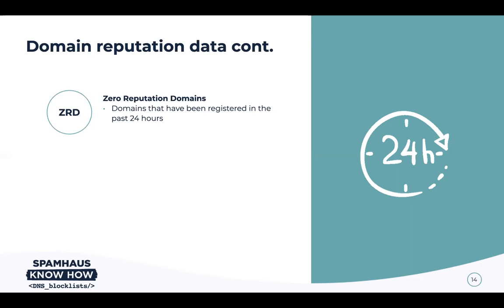So this data set, the newly observed domains, the zero reputation domains, the name says it all, they don't have a reputation because they're too new. It is a way for you to leverage the fact that these new domain names are often problematic, and to leverage that insight in your mail server and either block or do whatever you want to do with any emails that contain such domains.